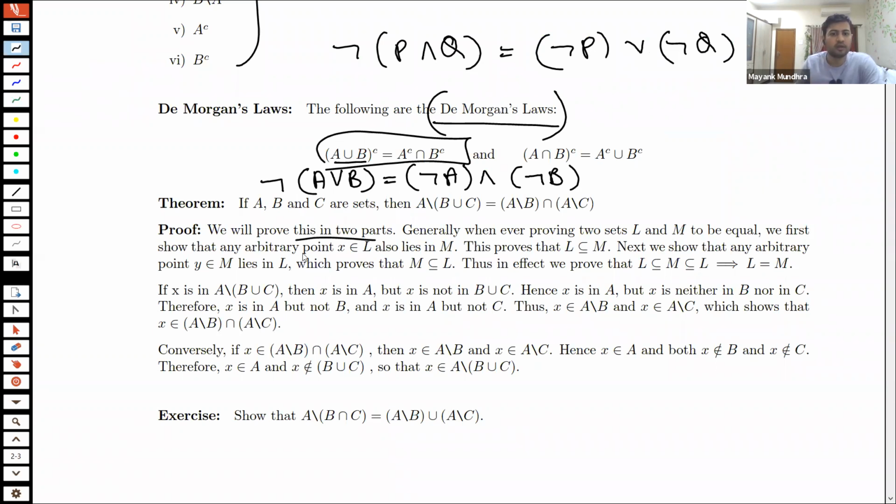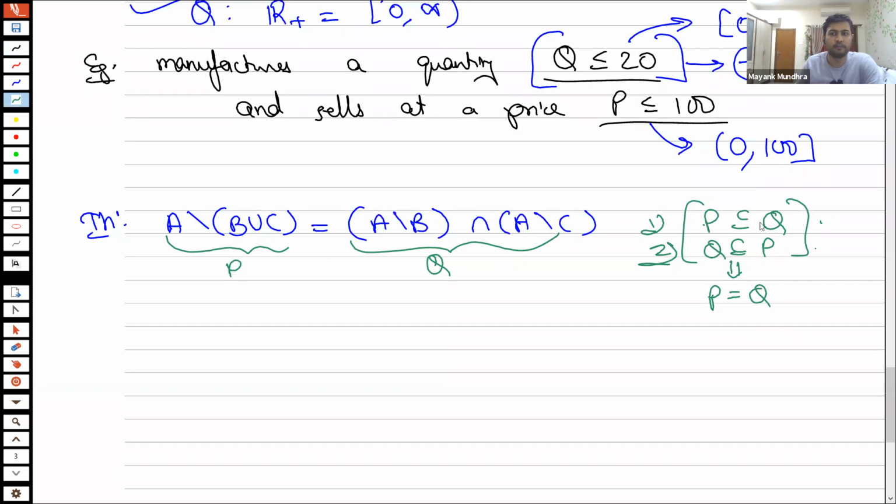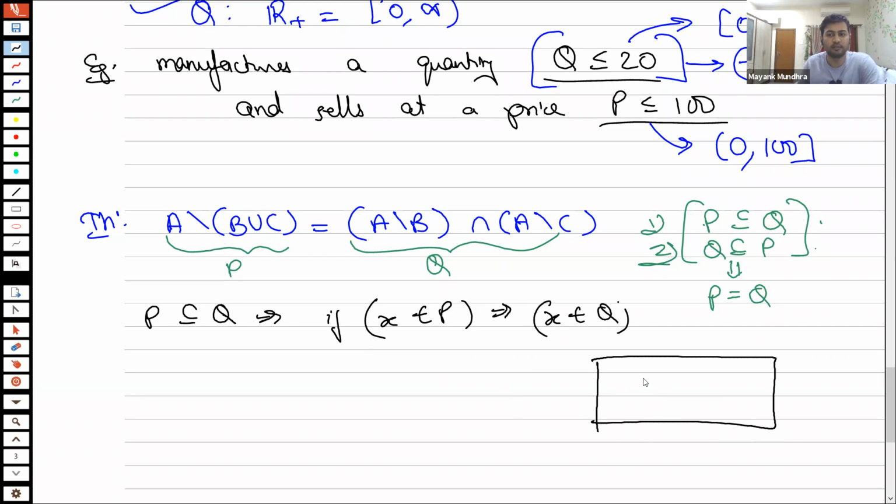First we show that P is a subset of Q. How do you show this? P subset Q implies that if X belongs to P, then X belongs to Q. P is a subset of Q means what?